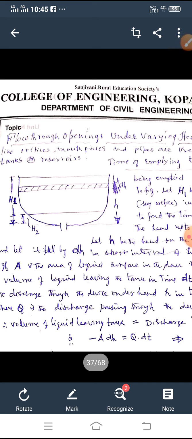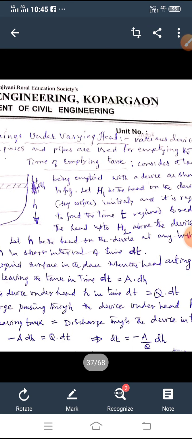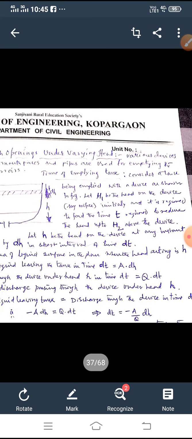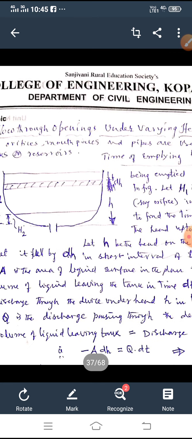Suppose we consider any shape of the vessel to start with, because we are required to arrive at the time of emptying the tank, a general formula for which we consider any shape as shown in the figure here.